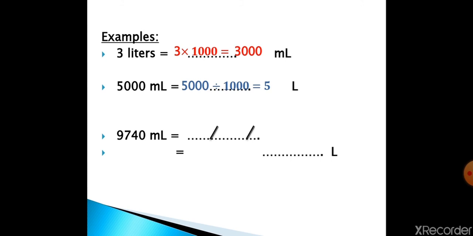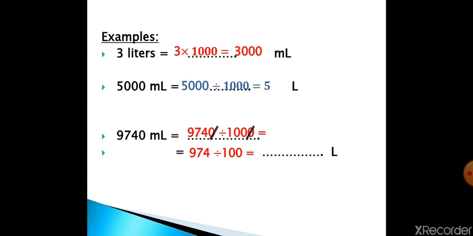Here is the last one, 9740 milliliters. I want this to be converted to liters. We're converting from milliliter to liter. That means from small to big, we should divide by 1000. Let's see when I divide the 9740 by 1000. I notice that here in the number I have a zero that should cancel with the first zero from the 1000. That means here one zero cancels with the first zero from the thousand.